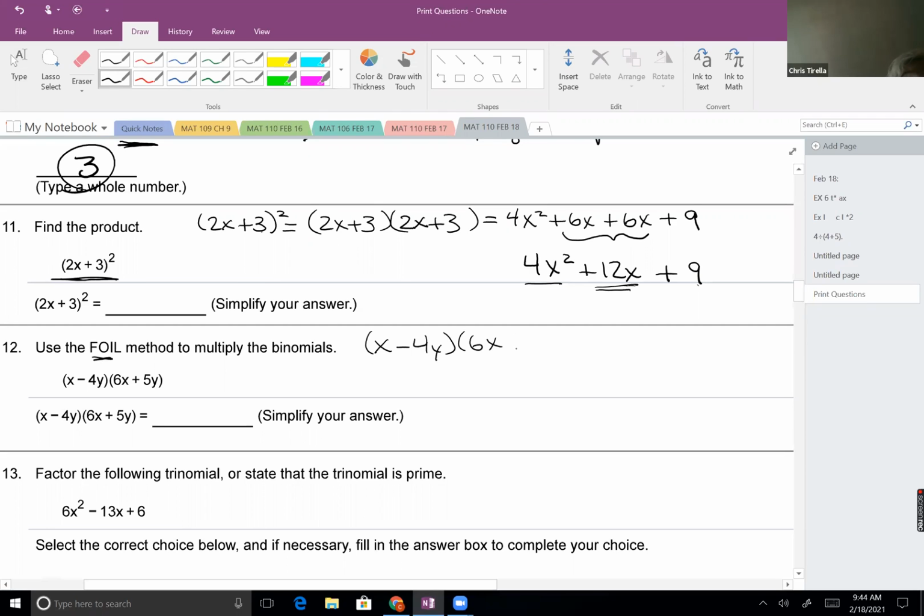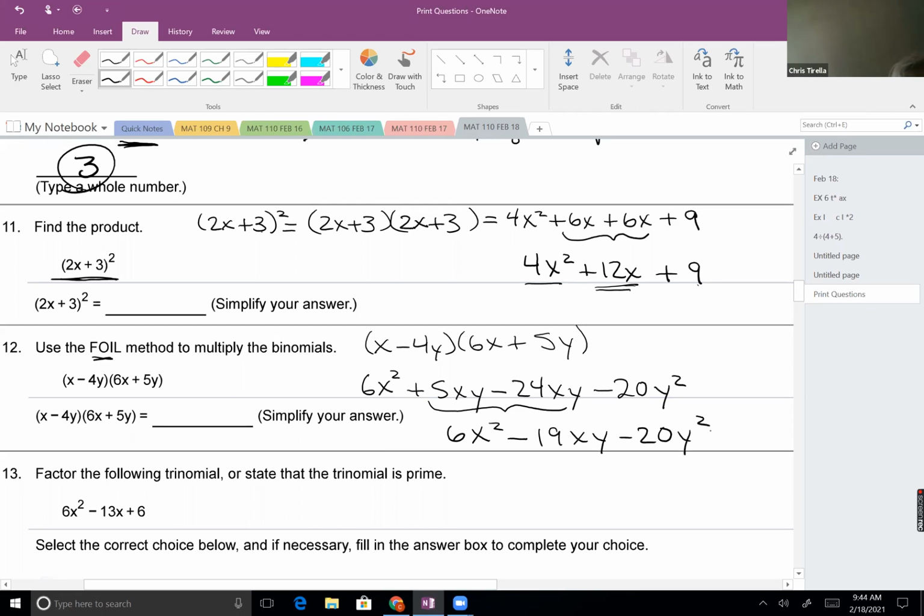But boxing or distributing twice, you'd get the terms 6x squared plus 5xy minus 24xy minus 20y squared. And then simplifying, combining those like terms, gives me 6x squared minus 19xy minus 20y squared.